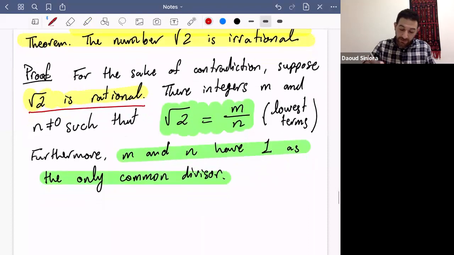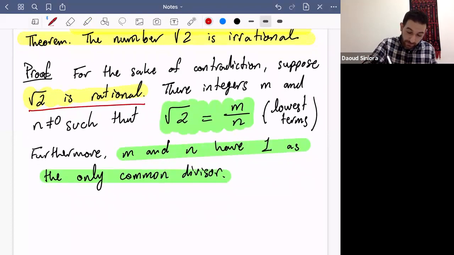Okay, now we know square root of 2 is equal to m over n.